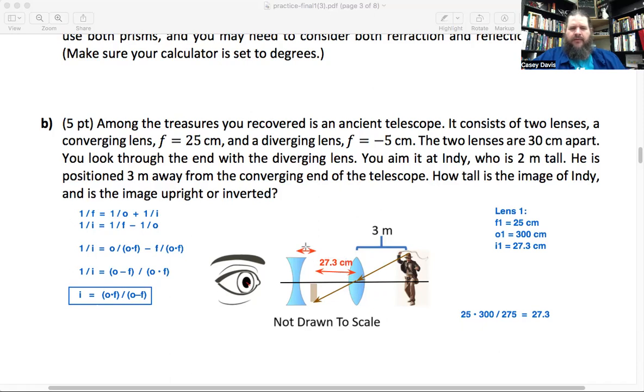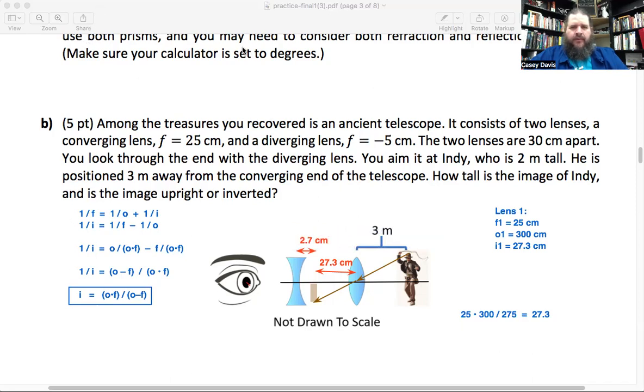So how far would that distance be? 30 minus 27.3, 2.7. So 2.7 centimeters. That'll be our new object distance.